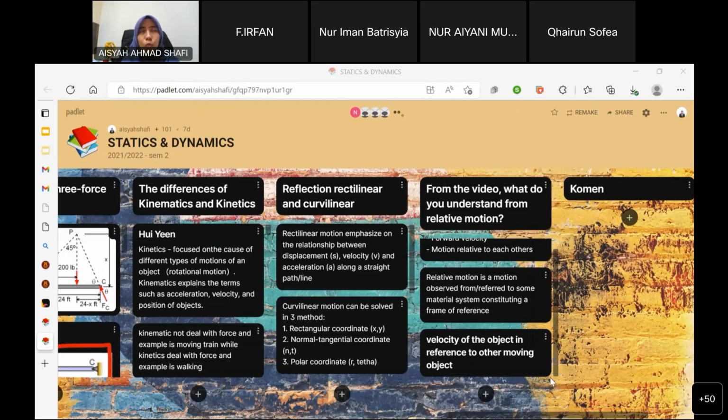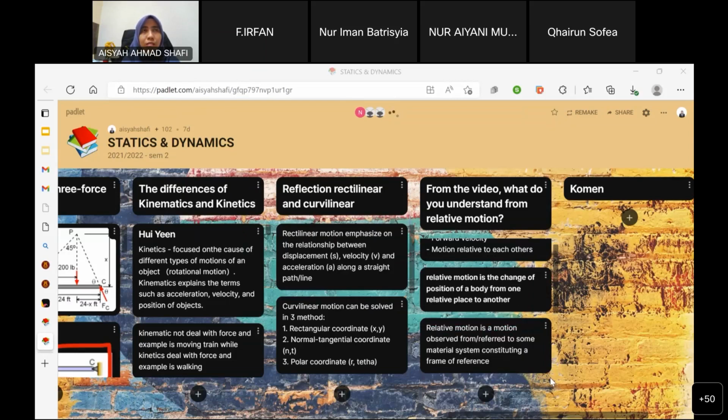But now we consider that in our life there are many objects moving. So in this topic, we will learn about the motion of one object relative to another object, either the other object is also moving or at rest.